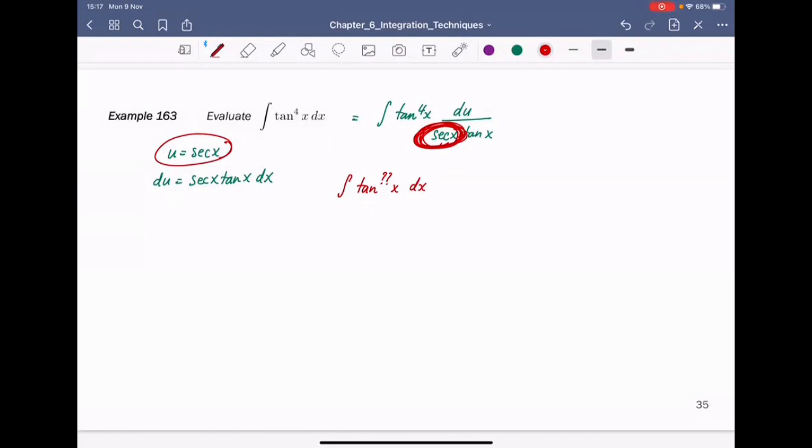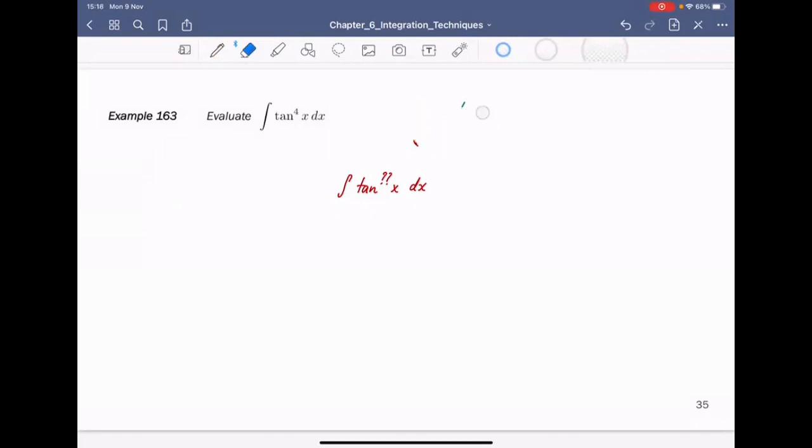So I told you that the third method is using integration by parts. But before using integration by parts, you can think that because you have the identity that lets you switch between tan squared and secant squared, what if I split tan to the 4th power into tan squared 2 times?